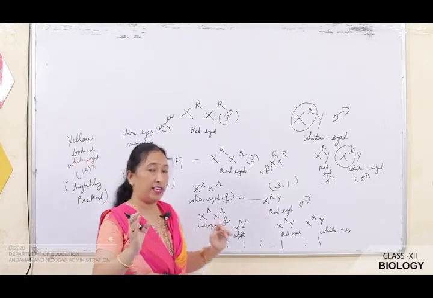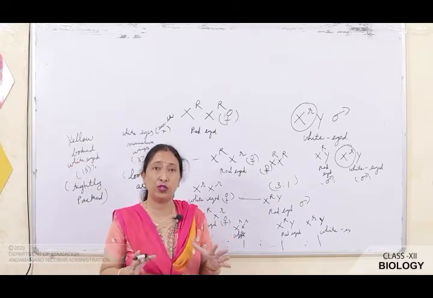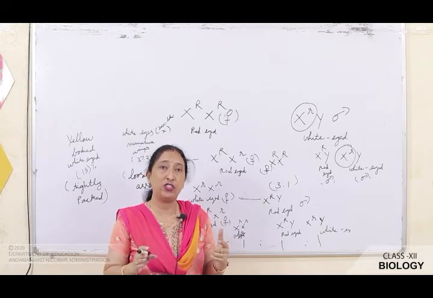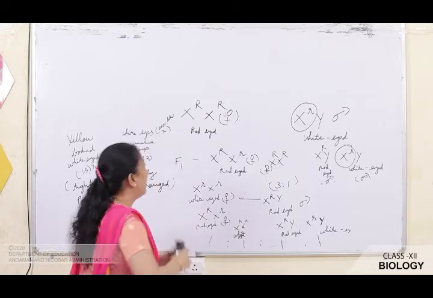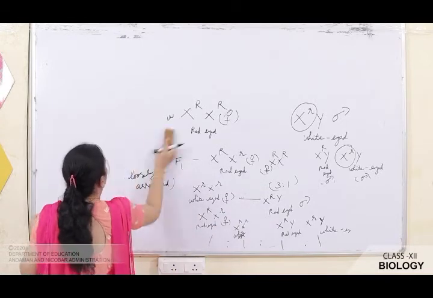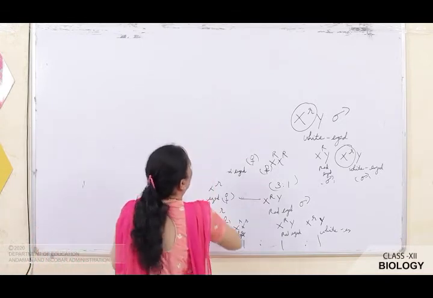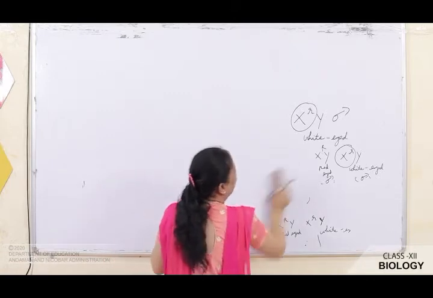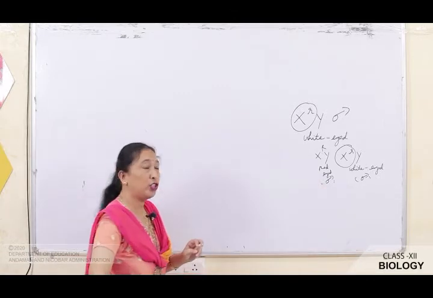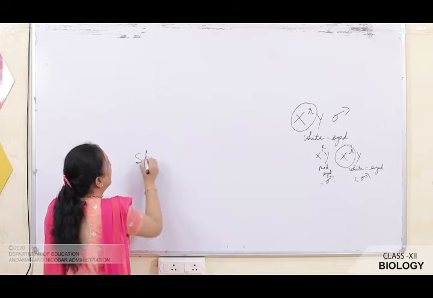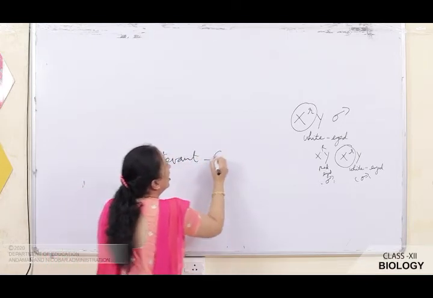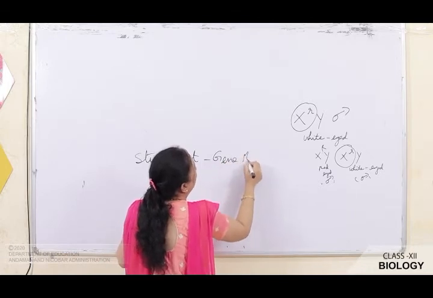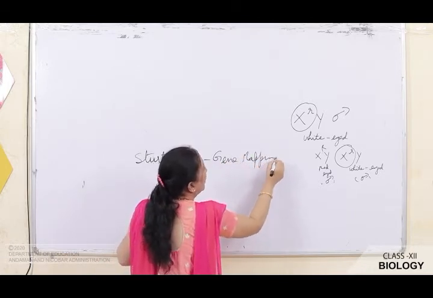As I mentioned earlier, Morgan had three students who worked with him: Bridges, Muller and Sturtevant. Alfred Sturtevant, the student of Morgan, gave way to gene maps, or genetic mapping. What is gene mapping?